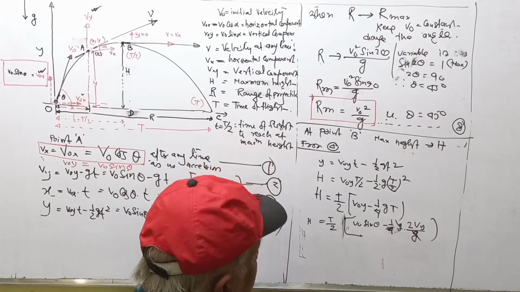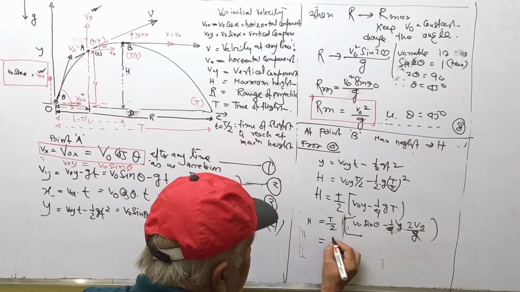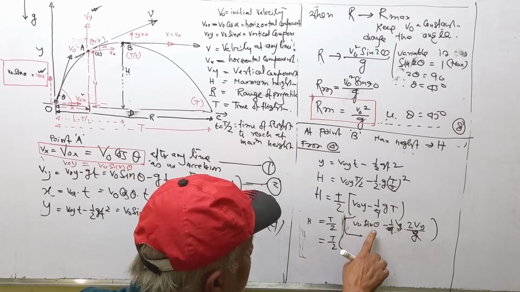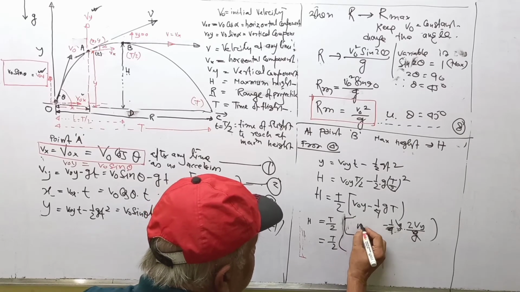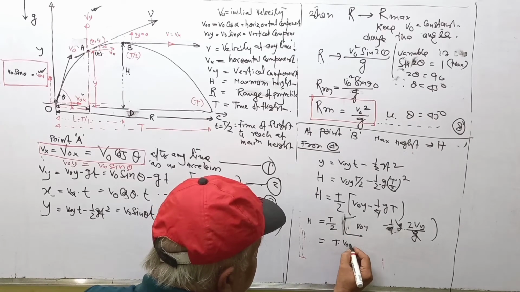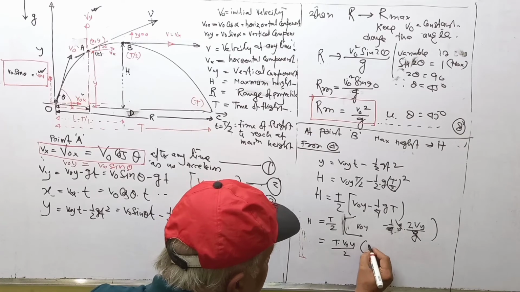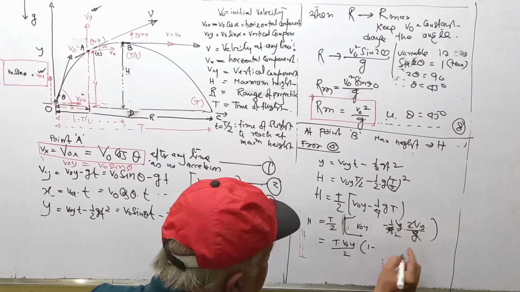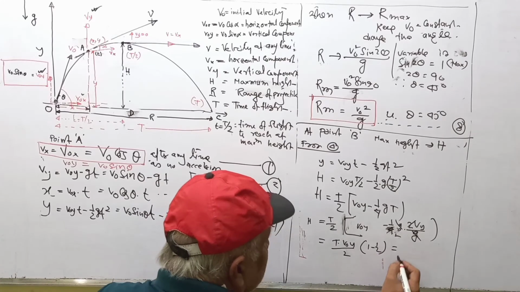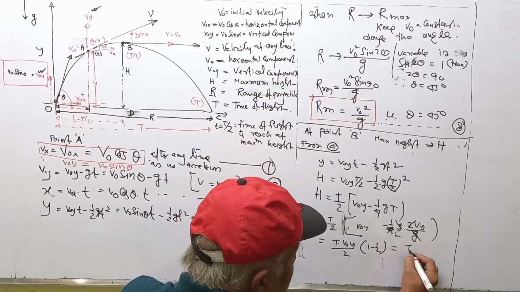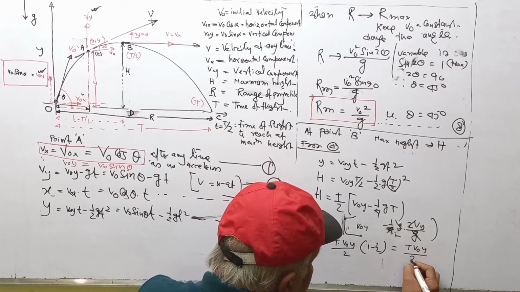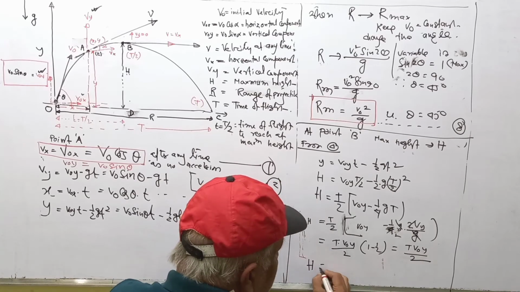So h equals v0y by g into v0y minus v0y by 2, which is v0y by 2.